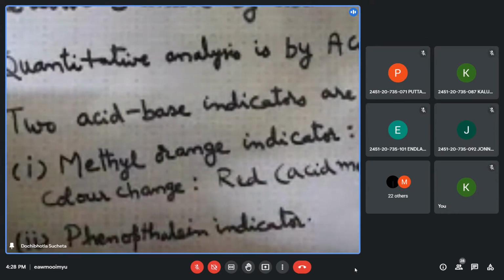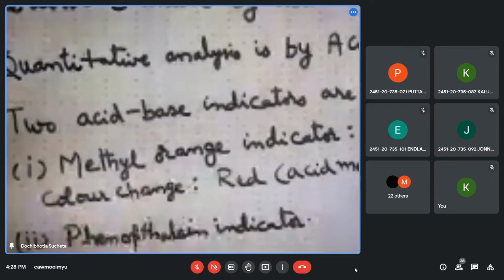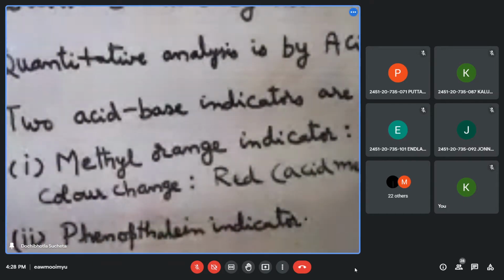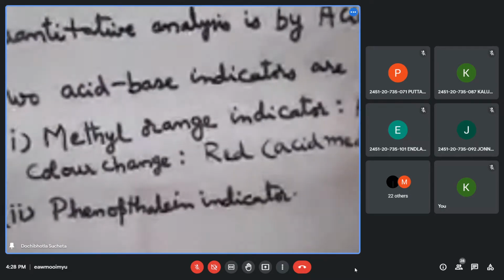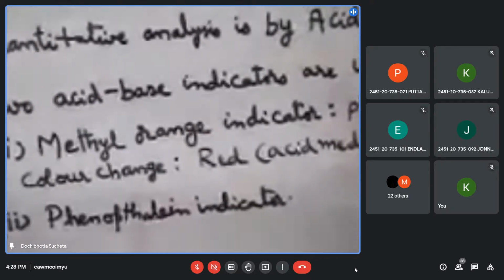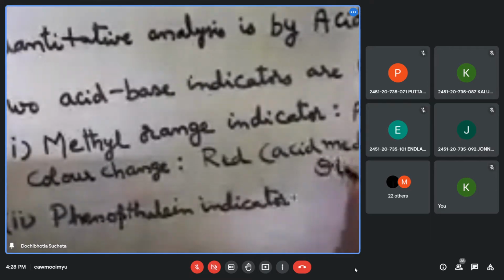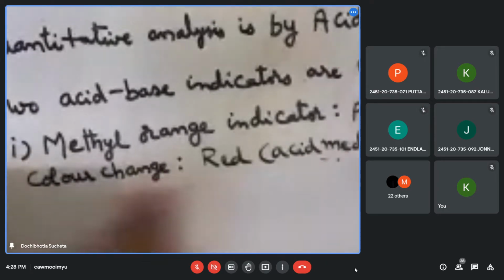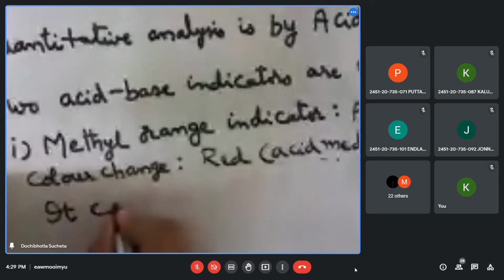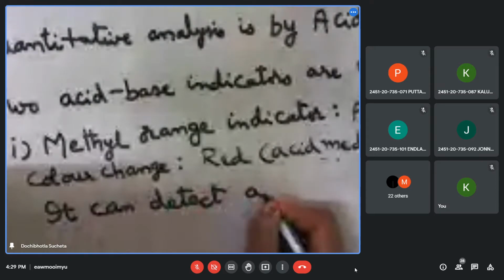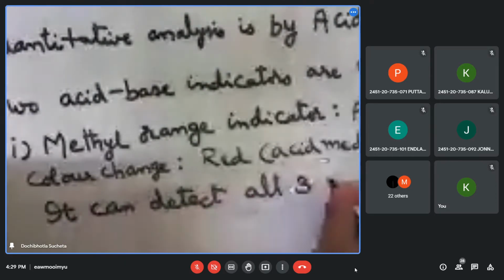Are you able to see the board? Next point. It can detect all the three anions.